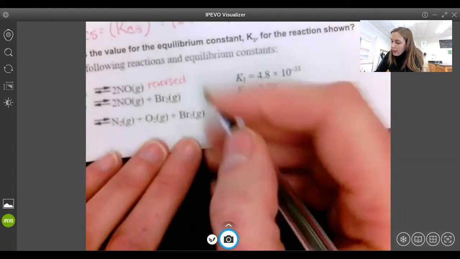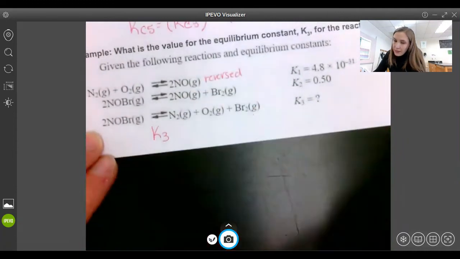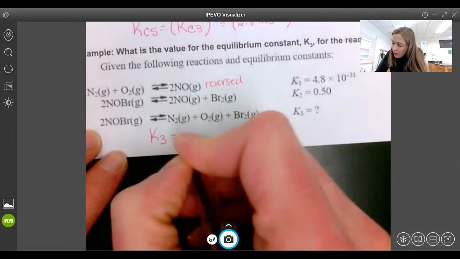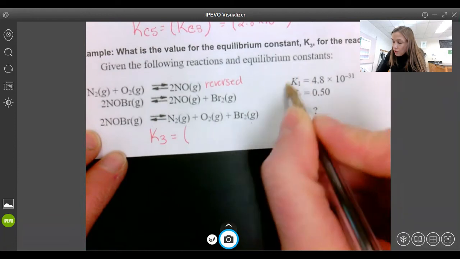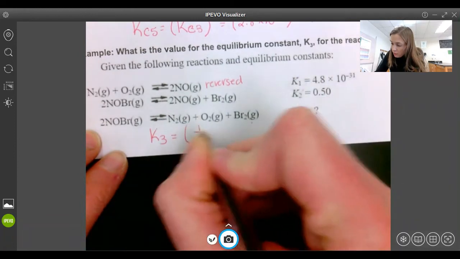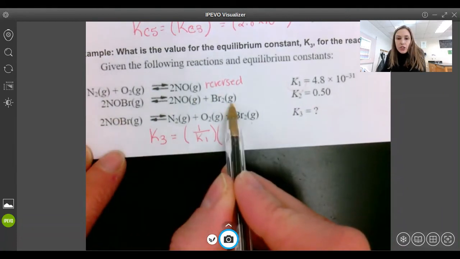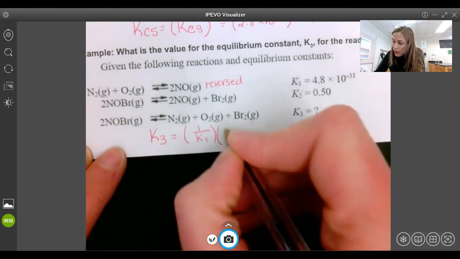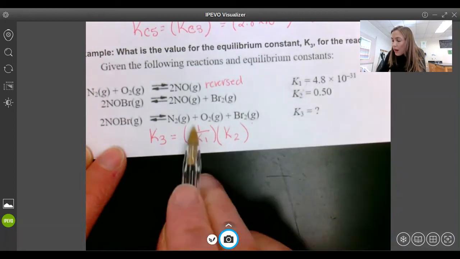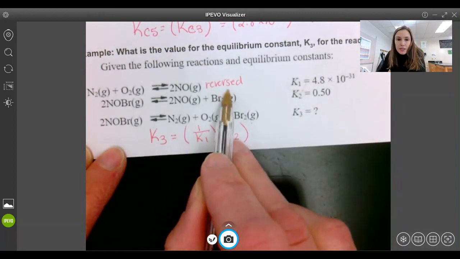So when I look at my K3 value, I'm going to have to do the reciprocal of K1, 1 over K1, and then I'm going to use K2 exactly as is. So I'm going to make sure I take the product of the 2 because I'm combining them. And then I'm taking the reciprocal of the first one because I reversed it.